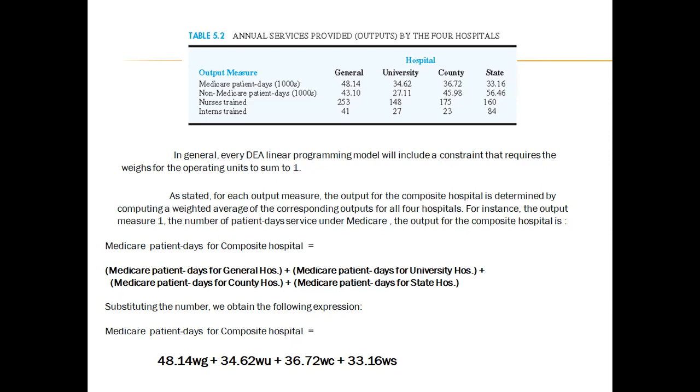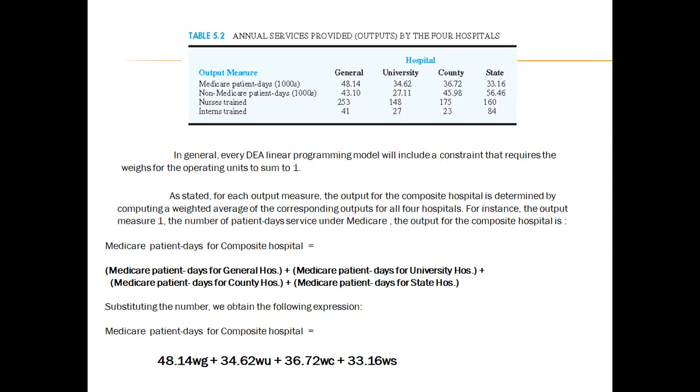For instance, for output measure 1, the number of patient days under Medicare, you total the Medicare patient days for general hospital, plus university hospital, plus county hospital, and lastly the state hospital.